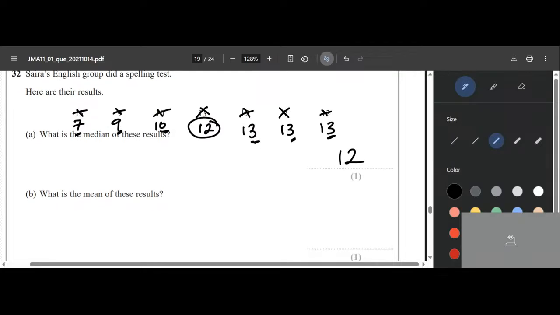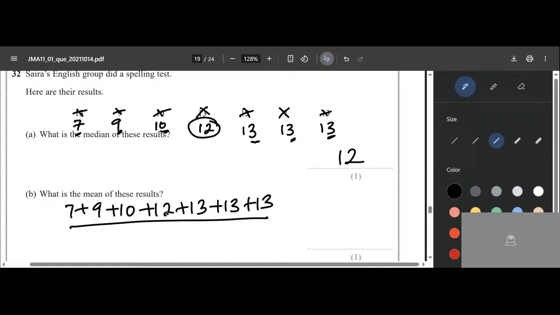Next, you're told, what is the mean of this result? To find the mean, you're supposed to add them: 7 plus 9 plus 10 plus 12 plus 13 plus 13.